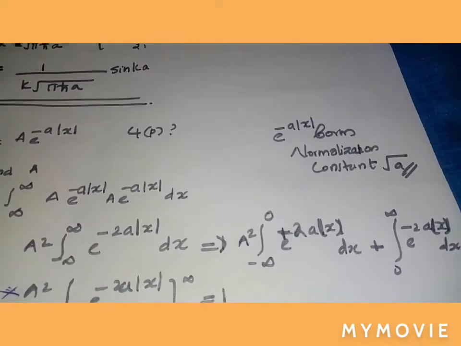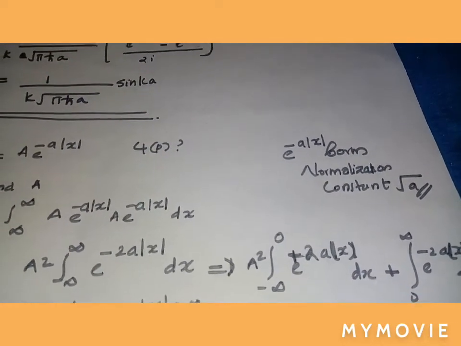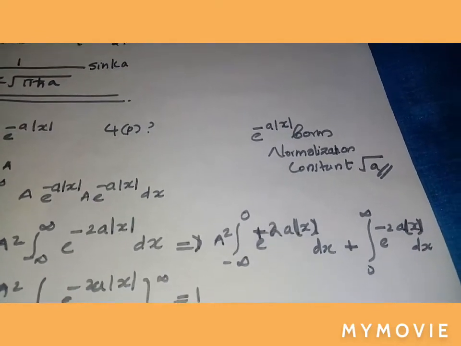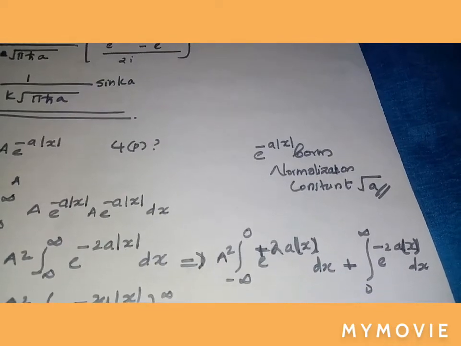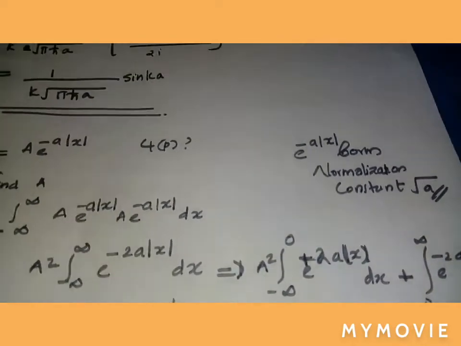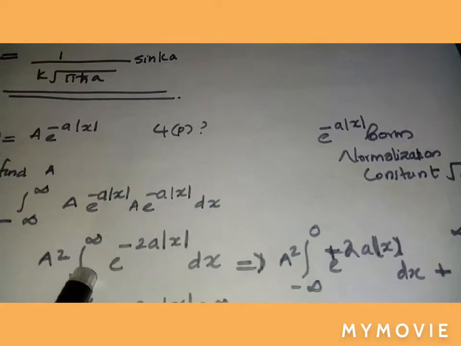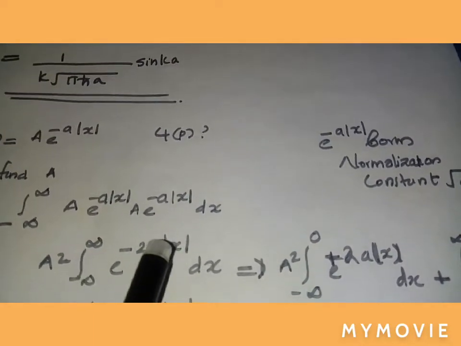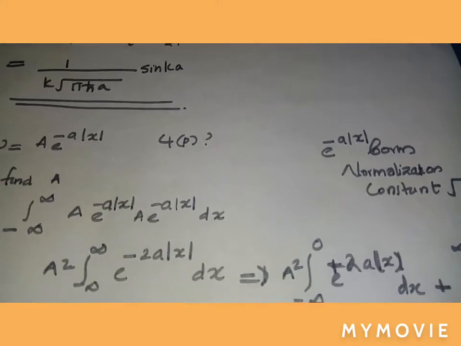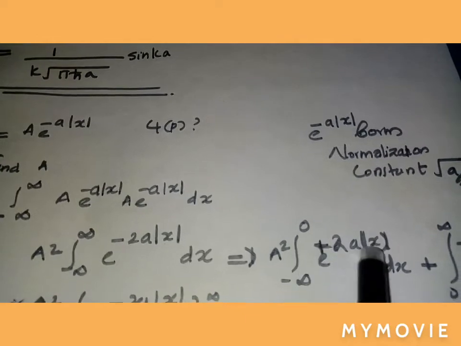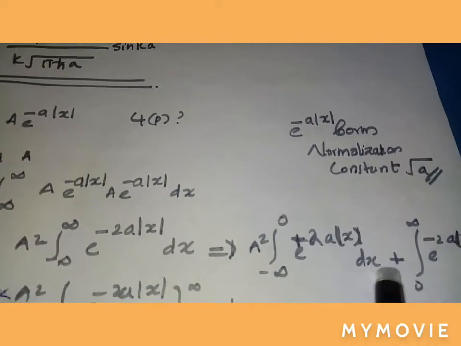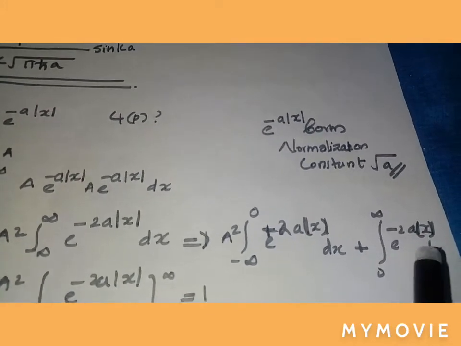A square into integral minus infinity to 0 of e raised to 2ax plus integral 0 to infinity of e raised to minus 2ax dx. We can separate the integration limit because in the range minus infinity to 0, mod x is minus x, so we change it to e raised to 2ax, and from 0 to infinity it is x only, so we get e raised to minus 2ax.